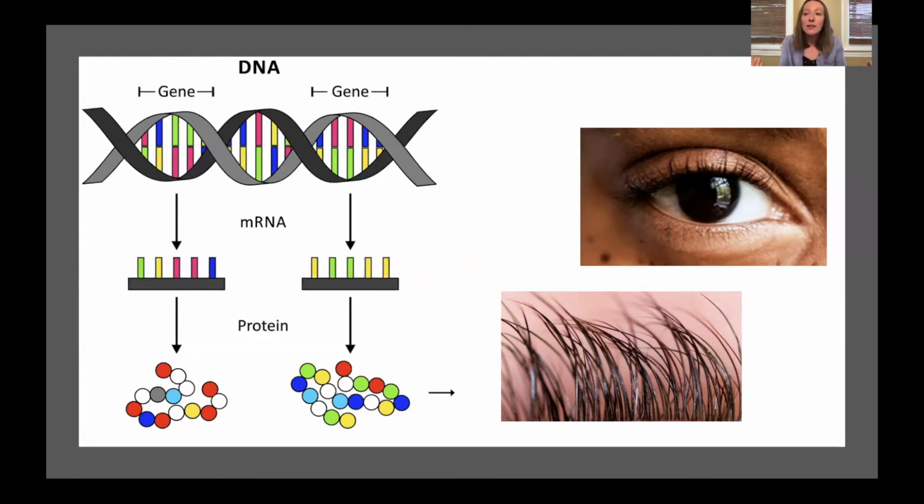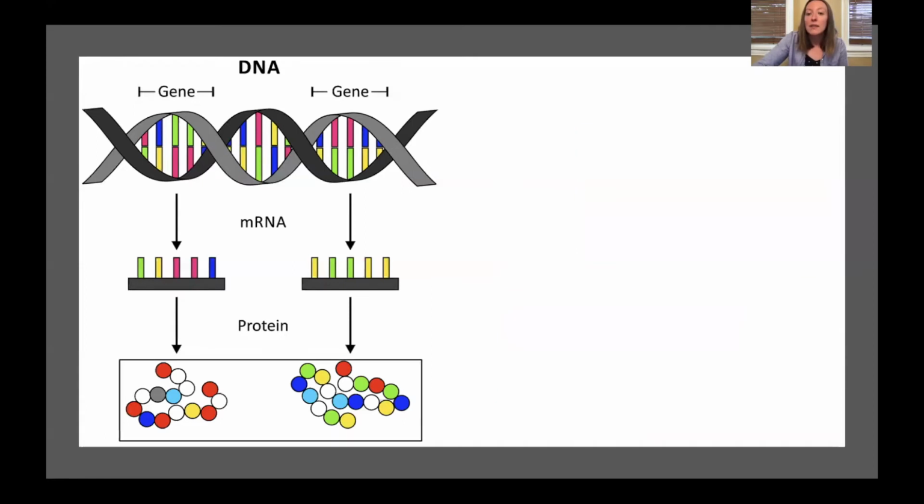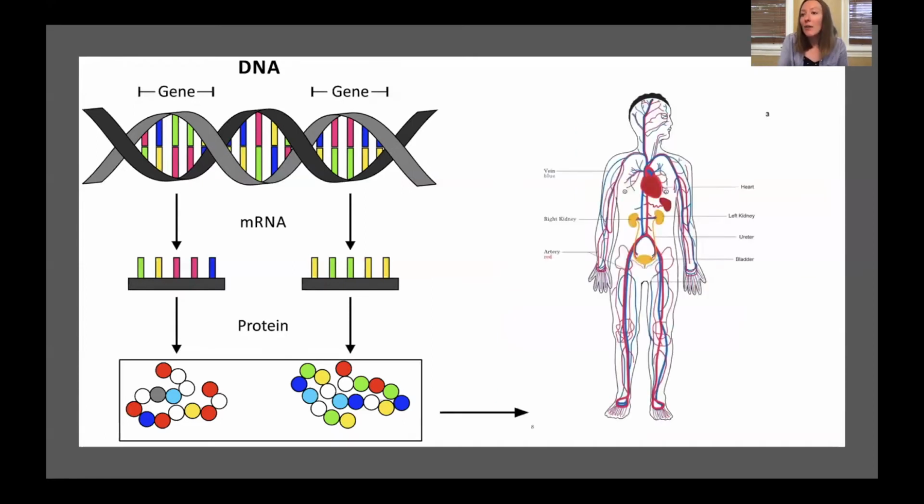There are all these different genes that have the instructions for those different components. That is because the eye and the skin and the hair are made up of proteins that are made from those genes. And when all of these things come together, you have a human that has all of these skin and bones and hair and organs. All of those directions to make those things came from genes on the DNA.